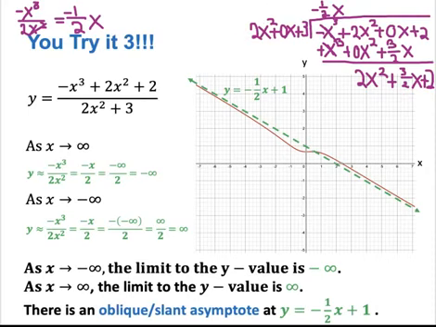So you always take the first term and divide it into the first term. So 2x squared into 2x squared is 1. And then we multiply it back. 1 times 2x squared is 2x squared, but we subtract it. And then 1 times 0x is just 0x. And then 1 times 3 is just 3, but it's going to become a negative 3.